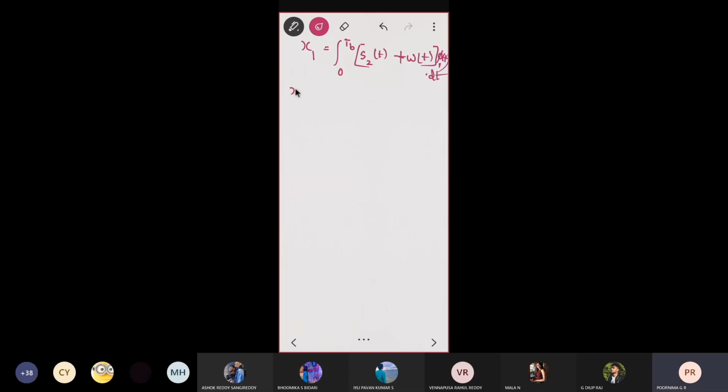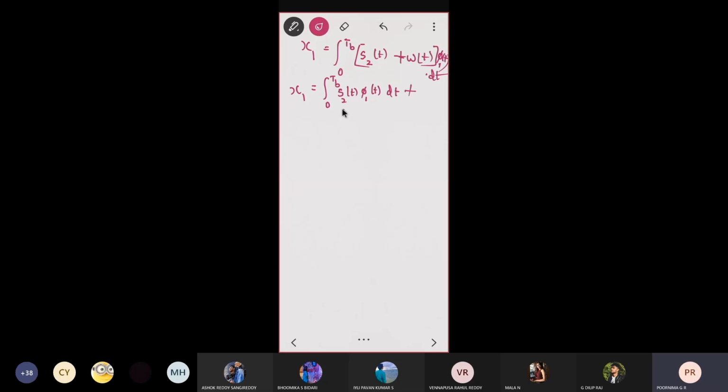So therefore, your x1 is equal to integral from 0 to Tb of s2 of t into phi 1 of t dt. This is the first term.